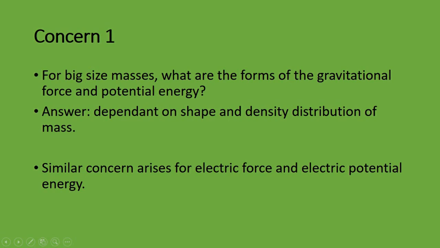So the question is, if we have big size masses, what form should I use for the gravitational force and potential energy? For example, Earth is a huge object attracting other objects. This will be our first concern, and we'll try to answer this question in the next few videos.